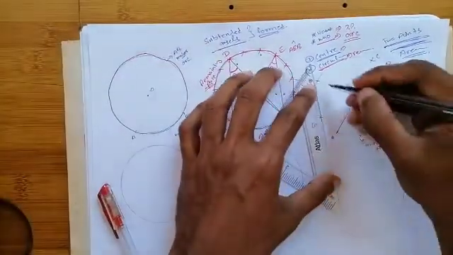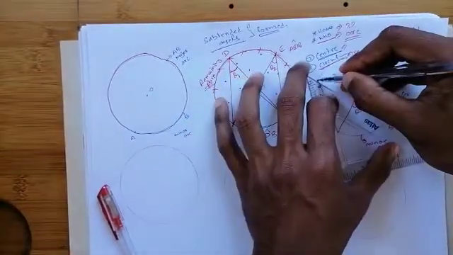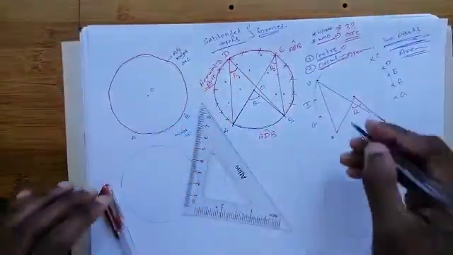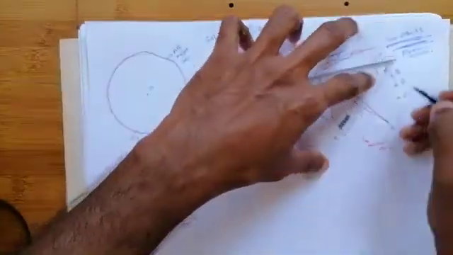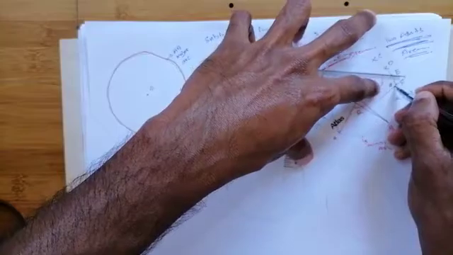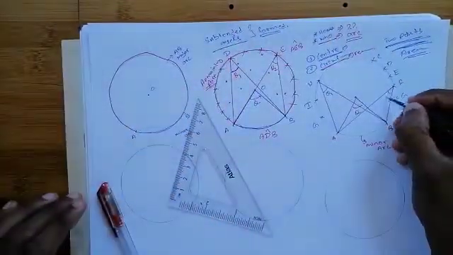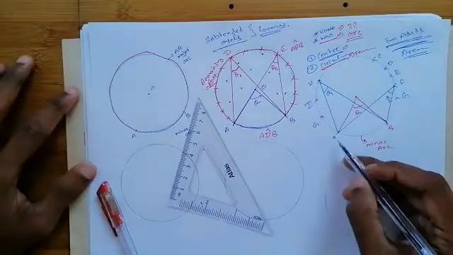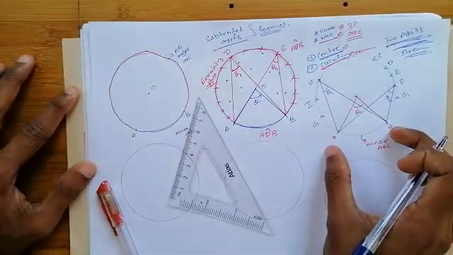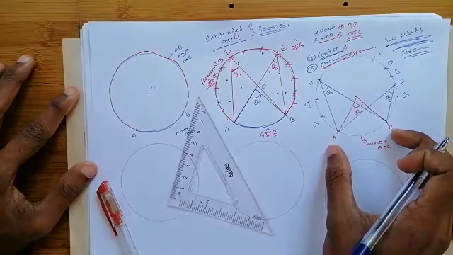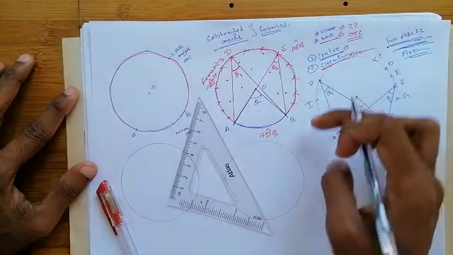If you connect all the points, H to AB, it is an angle subtended by AB arc. If you connect to F, it is also an angle subtended by AB. So a minor arc can subtend so many angles on the circumference.